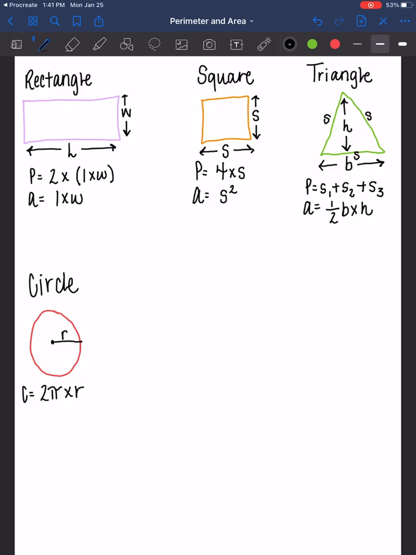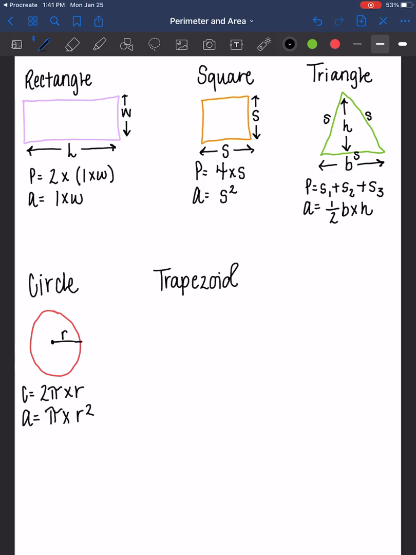And for a circle, we really only focus on the circumference, which is the same thing as perimeter. It's just called something a little different, and it goes by C equals 2 pi times R, where R stands for the radius, and then the area is pi times R squared.